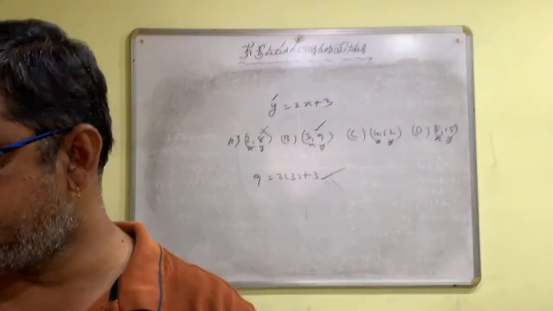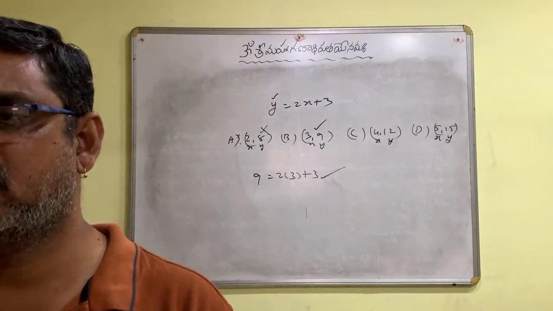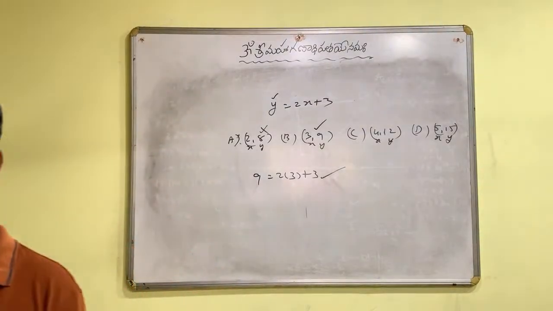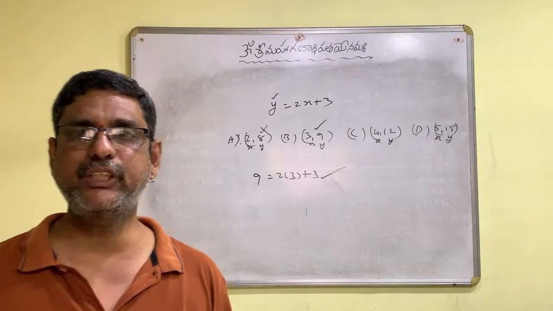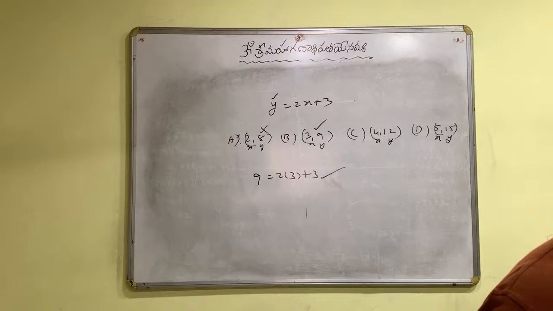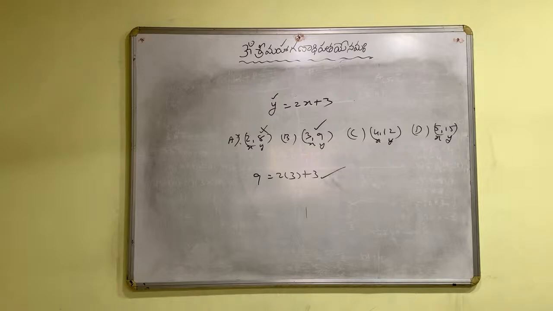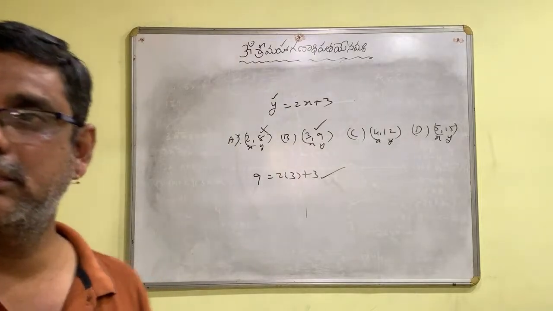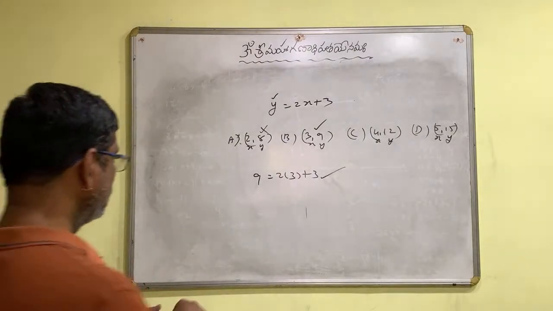Now in the same way, answer the 20th question. Which of the following points does not lie on the line?